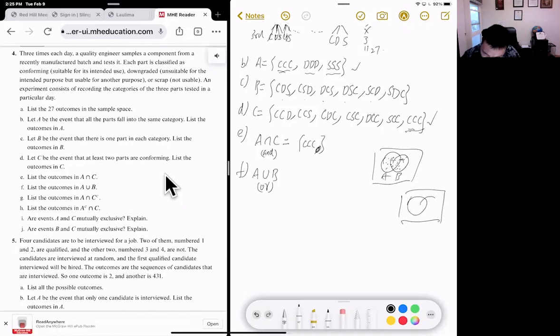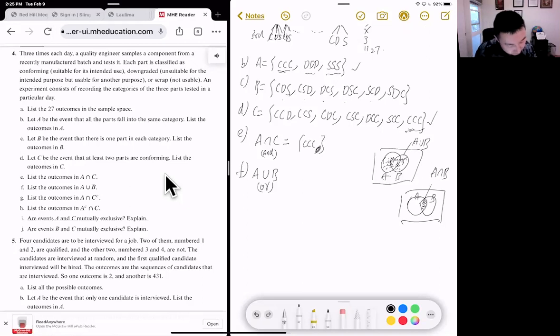A and B is only the intersection here. And that is A or B, all this shaded area.